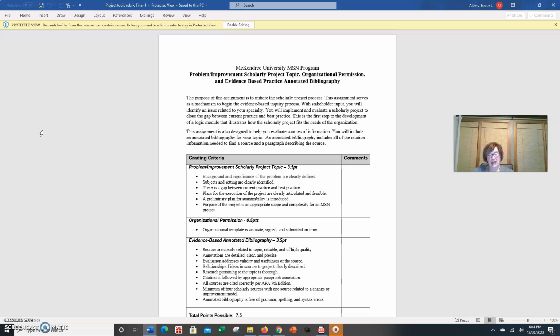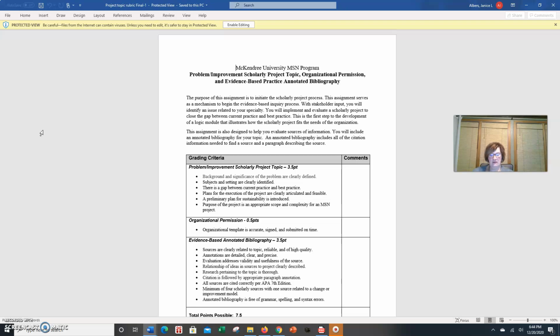You're going to do an annotated bib, which is a little different than a paper. So you're going to have a paragraph or so on the different evidence-based practice that you're finding in the research. And not only do you just want to find evidence-based practice, but you also want to look at the information and how congruent it is with your particular problem or area of improvement.